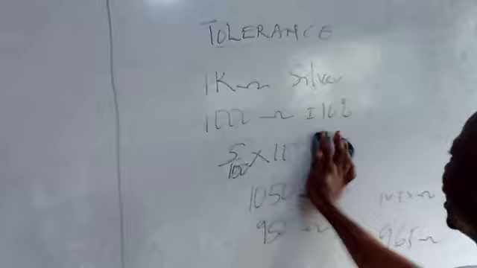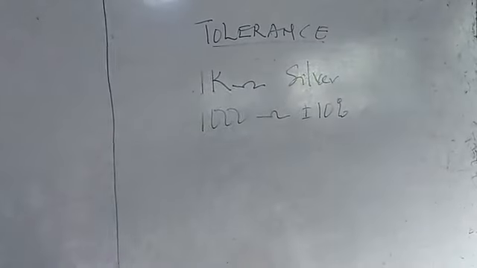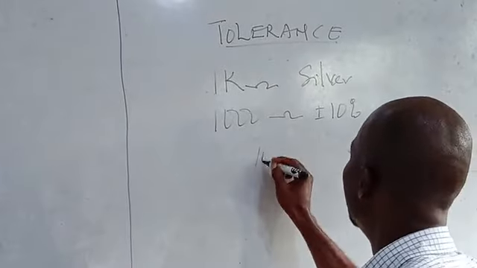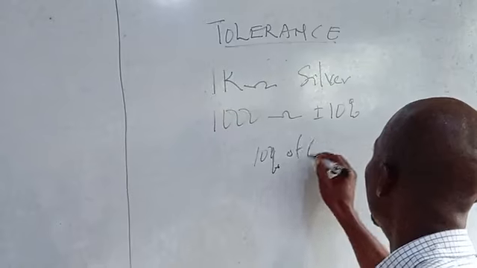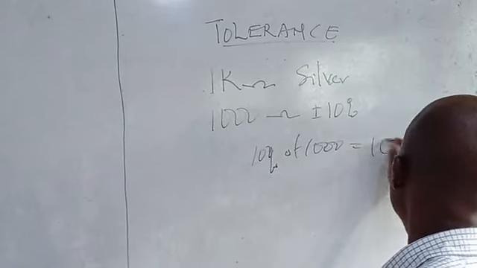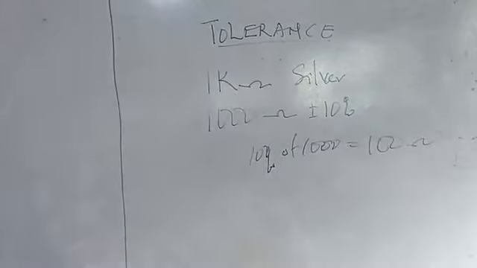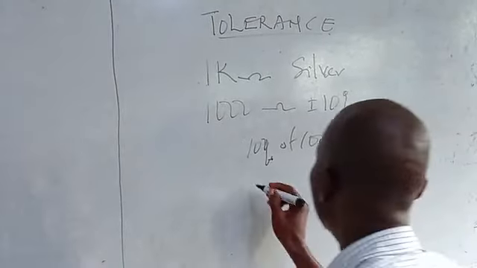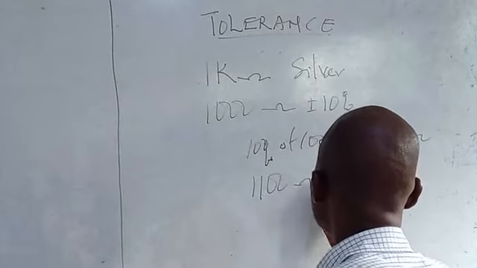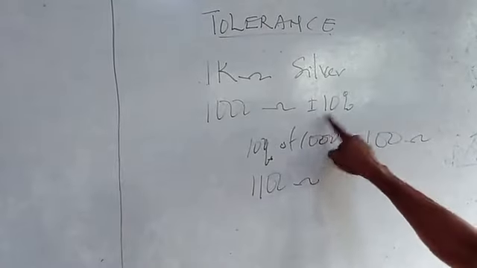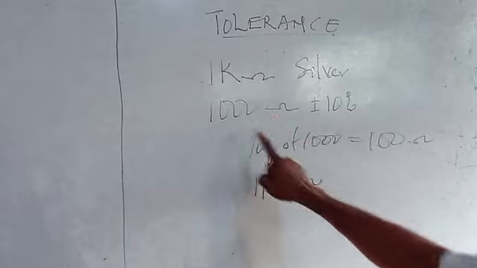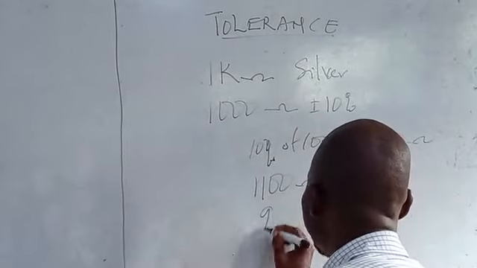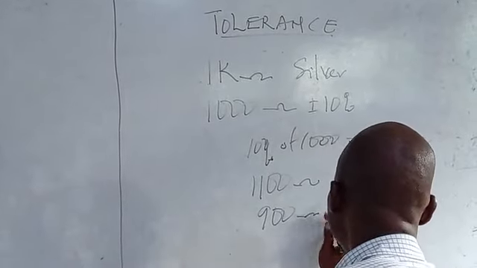So for this kind of resistor, 10% of 1000 ohms is 100 ohms. Now, when you add 100 ohms to this, it becomes 1100 ohms. When we remove 10% of this, that's 100 ohms from 1000 ohms, we have 900 ohms.